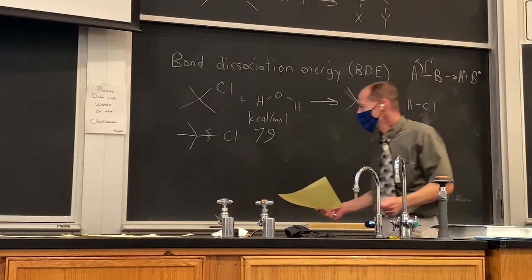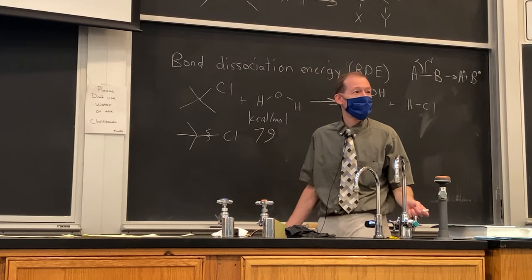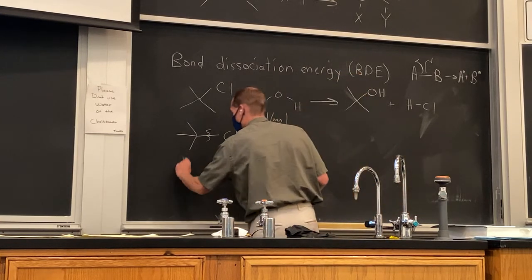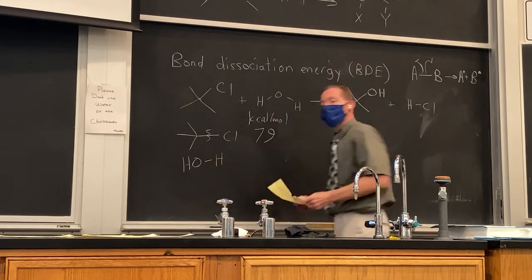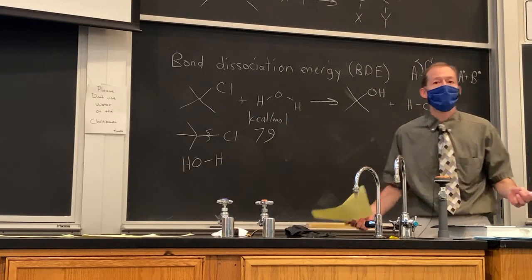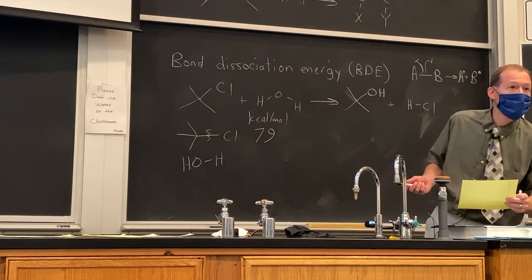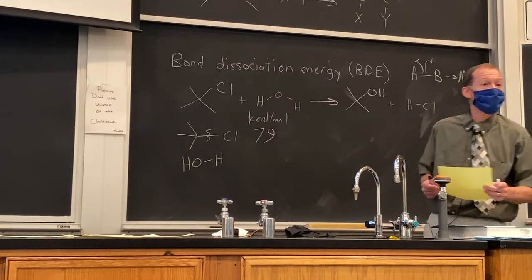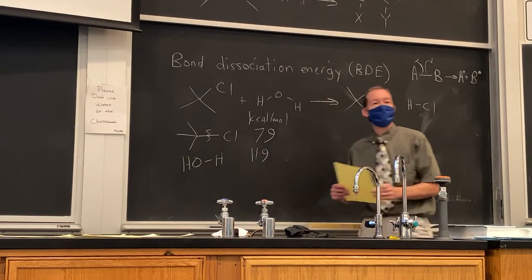Okay. What other bond in the starting materials is being broken? Okay, an OH bond in water. And how much energy does it cost us to break that bond? We can find it. 119. That's a very strong bond. You might think, why on earth is that bond so strong?